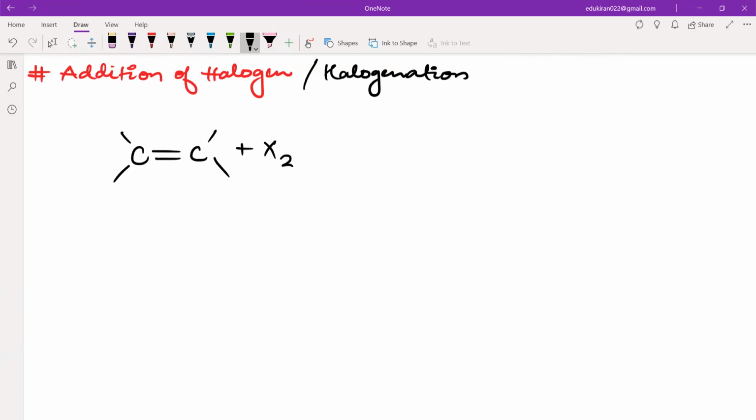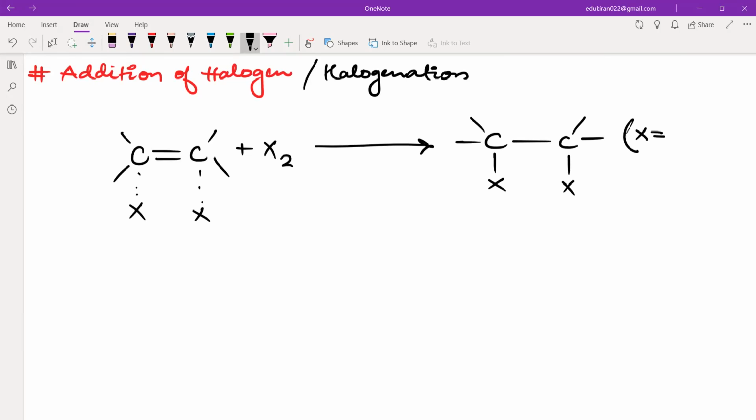You react this with X2, and both the X will be added on these two carbon atoms. You'll have X here and X here. Now please remember that X will be only chlorine or bromine. Other reactions are slightly reversible here, so that is why we just have chlorine and bromine.